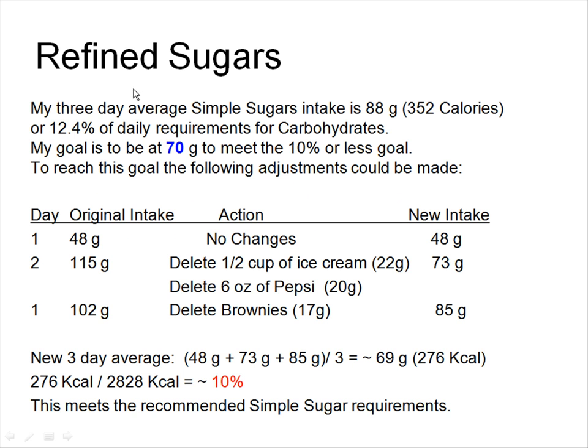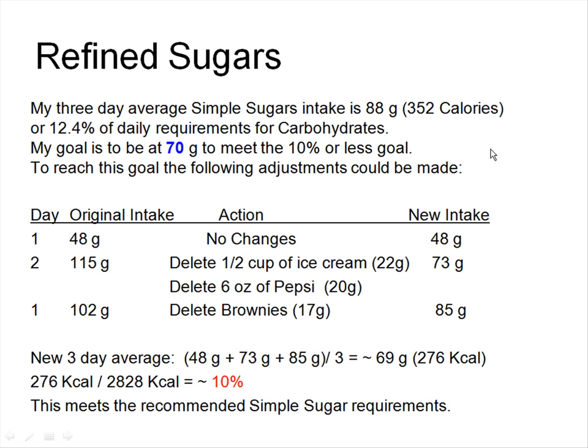What we're going to do then is the way I would like you to write it up, and you can see this in the student evaluation paper, is first of all you're going to show me in your write-up what your original intake was, which is 88 grams and 12.4%, but then determine what your goal should be. Is 70 grams.